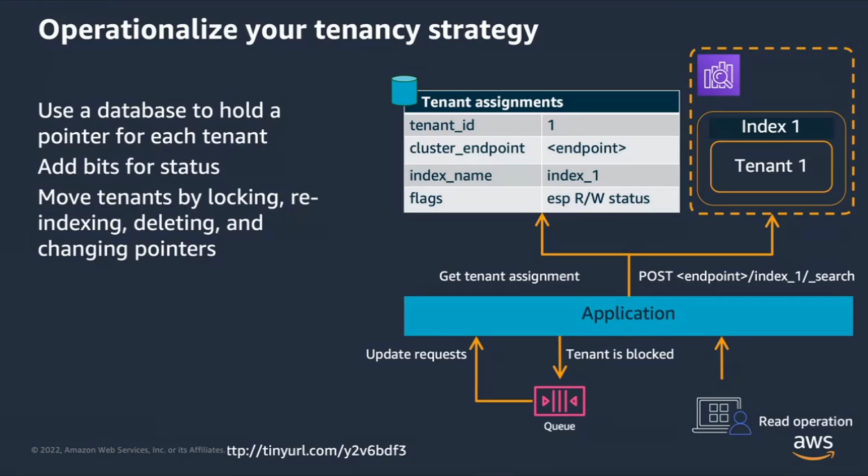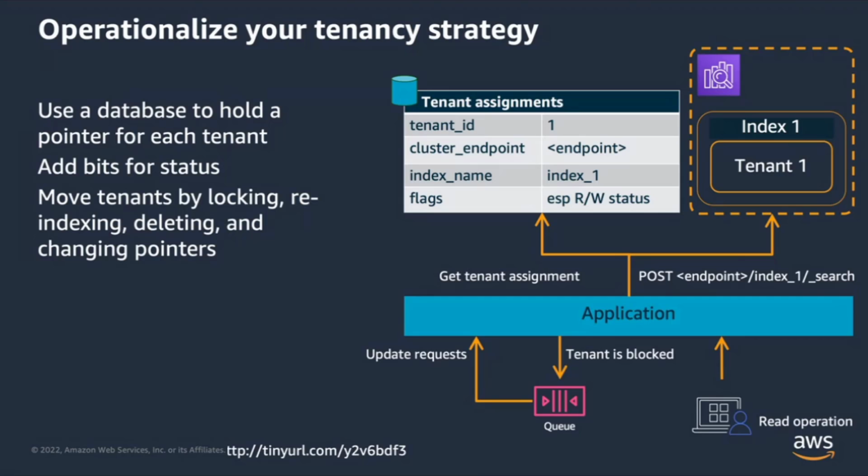When your application wants to access that data, it goes to that table to get the assignment of where it is. And that would be a cluster endpoint, an index name, and then a set of flags. When that tenant has data or a query that you want to run, you go to that table, you pull that information, and you route your request that way.